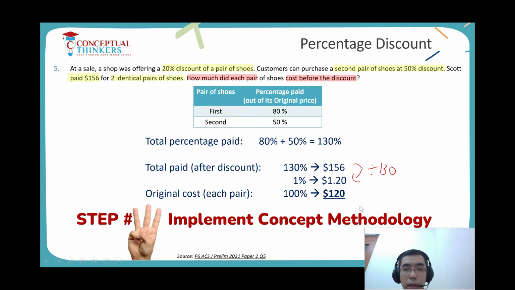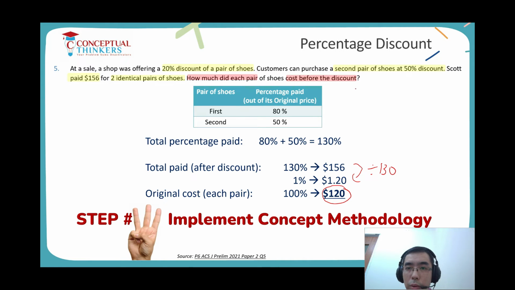Now the next step we're going to do is to inspect or check our steps. Because I didn't put it into a slide, I'm going to explain to you here how we can go about doing it. Now, we know that the original price is $120, so we can actually do some calculation.